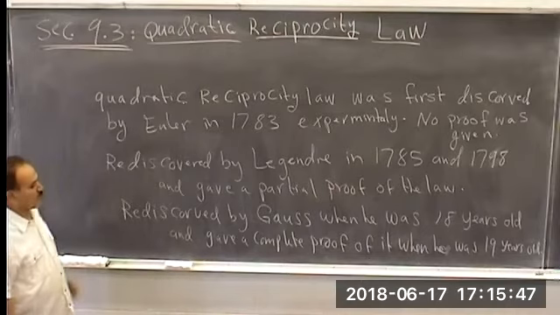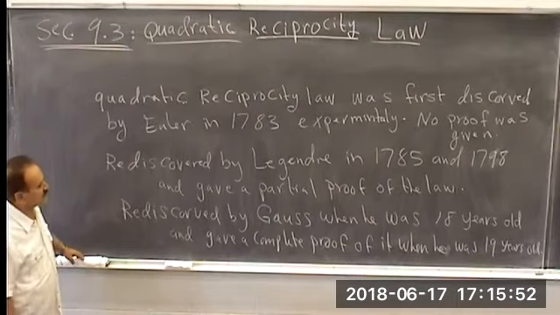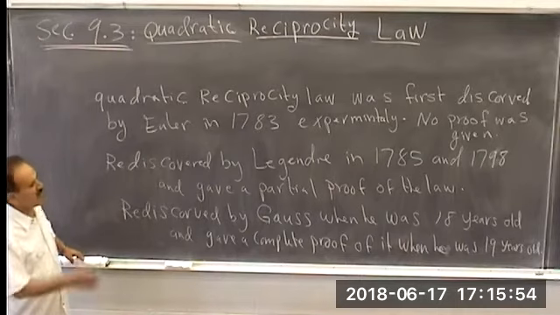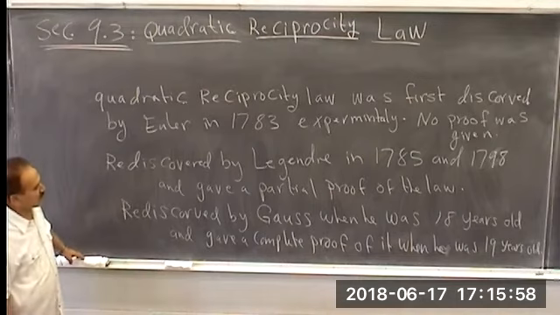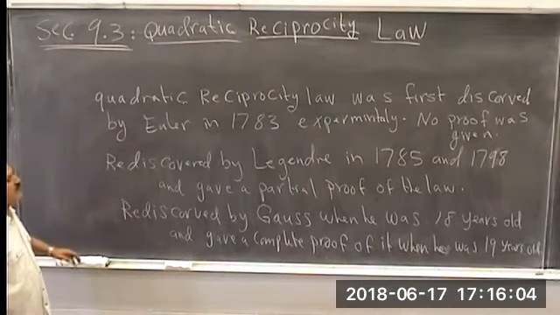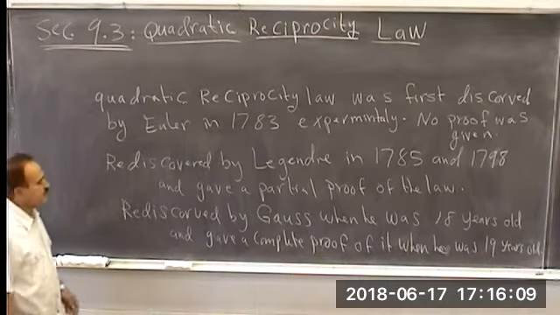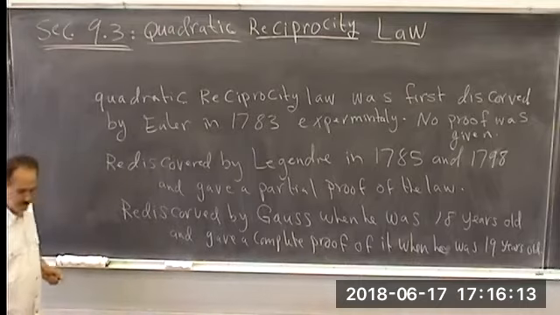Now, the number of proofs available for this, because it's such an important result, is about 200 so far. Now we're going to present the proof that one of Gauss's students gave. His name is Eisenstein. And the proof is very simple, very transparent. It uses a geometric argument and is easy to understand.